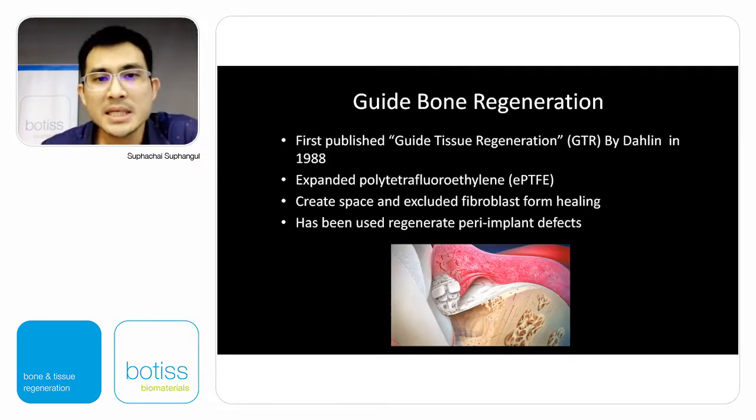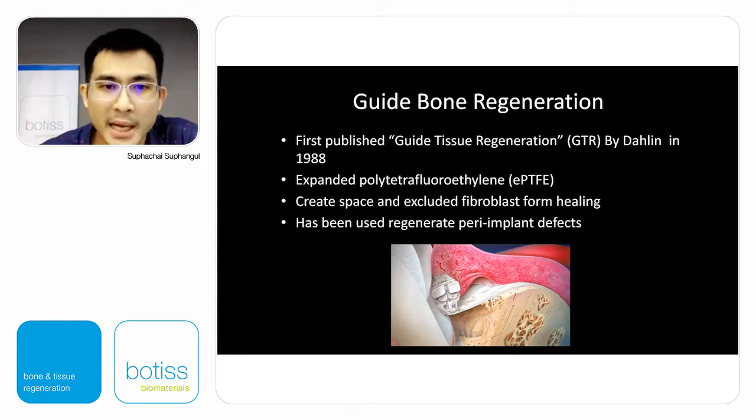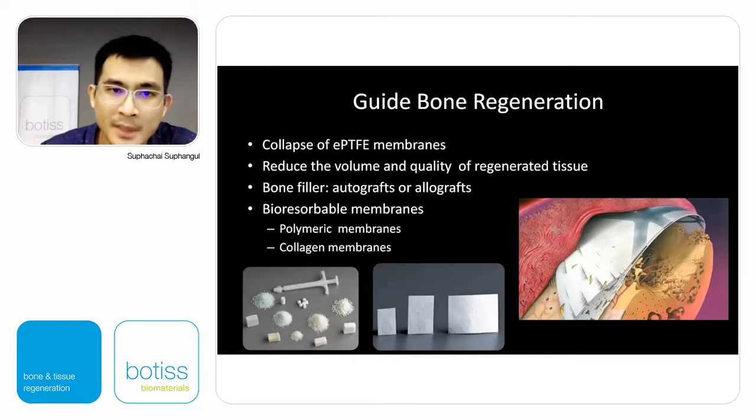Guided bone regeneration was developed from guided tissue regeneration by Dahlin in 1988. First, they used a non-resorbable membrane, ePTFE, to create the space and exclude the soft tissue from the space. Then they developed this technique for the peri-implant defect first.